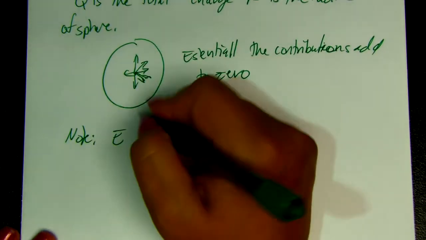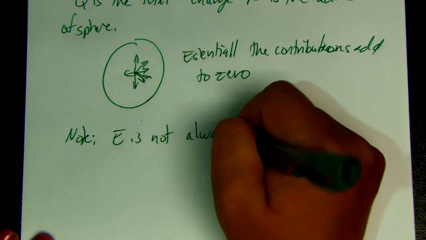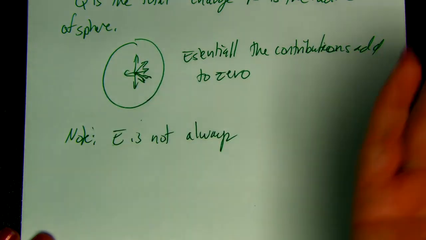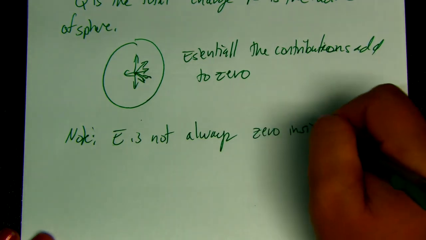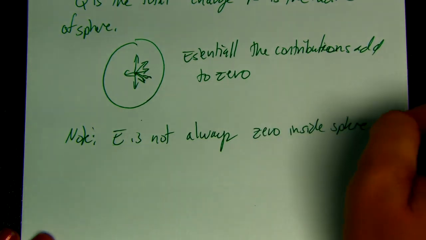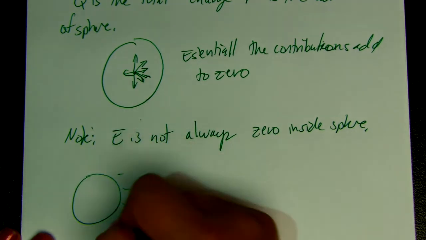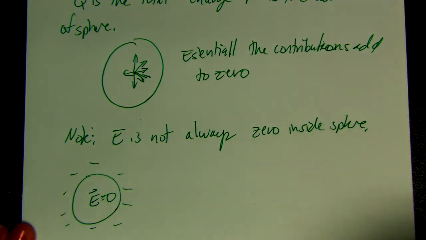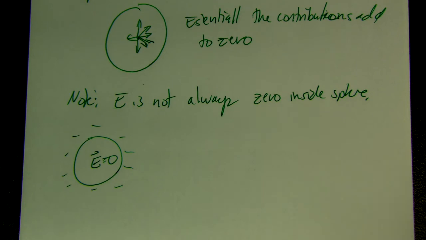the electric field is not always 0 inside a sphere, but it will never have a non-zero contribution from the sphere itself. So, for example, if you've got a sphere, the net field is going to be 0 because the only thing that could be contributing is the shell itself, which is 0.